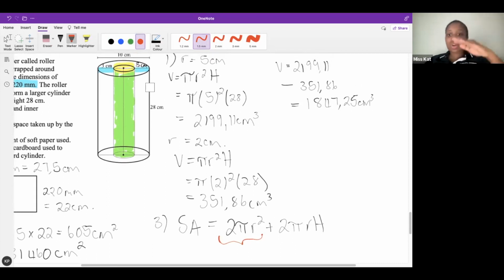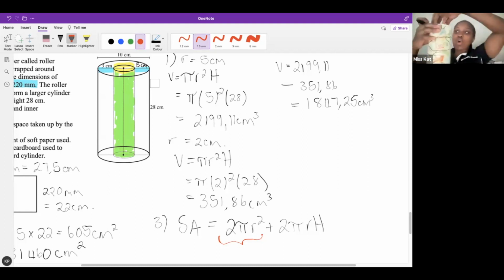So if this was closed at the top, okay, I don't know why I'm going through so much when I actually literally have a cylinder. Pi r squared accounts for this surface and this one, okay? But we don't have this surface and this one, right? Because this thing is hollow, so it's open in the middle. We only want the outside. So do we need to include this part of the formula, the one that says 2 pi r squared?